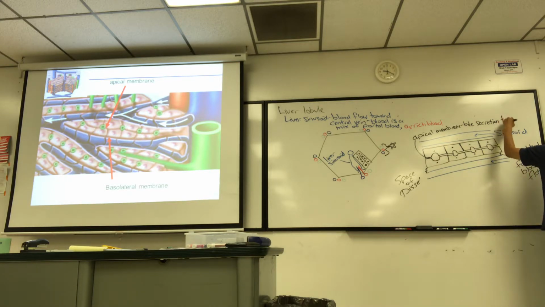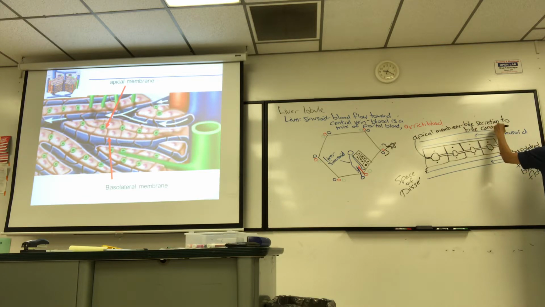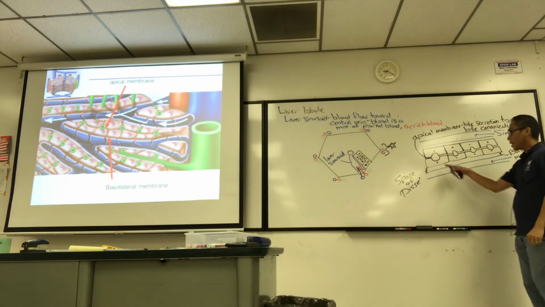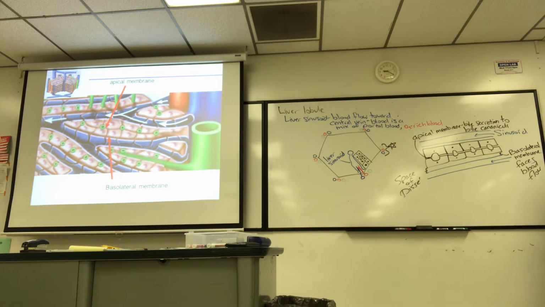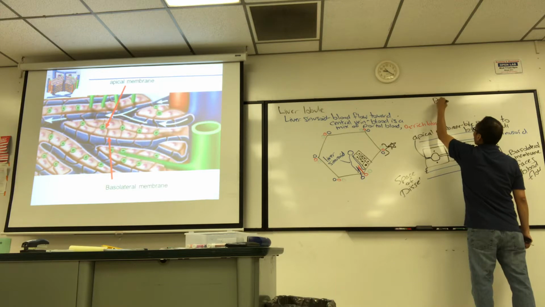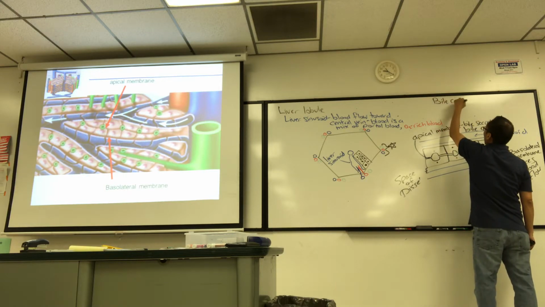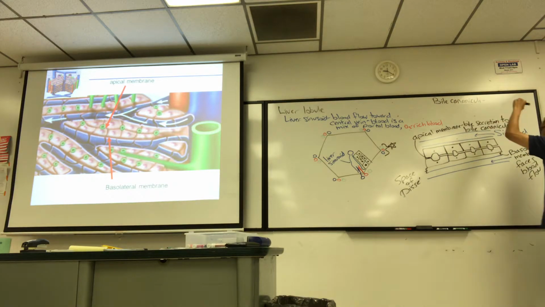I'll say bile secretion to bile canaliculi. And that's why I drew this big space there. My understanding is that the bile canaliculi is a gap between cells on the apical side. It's not a duct. Bile canaliculi, a gap between cells, not a duct.